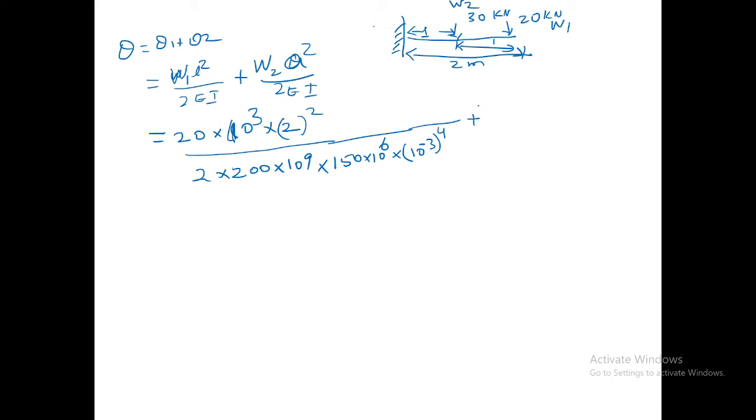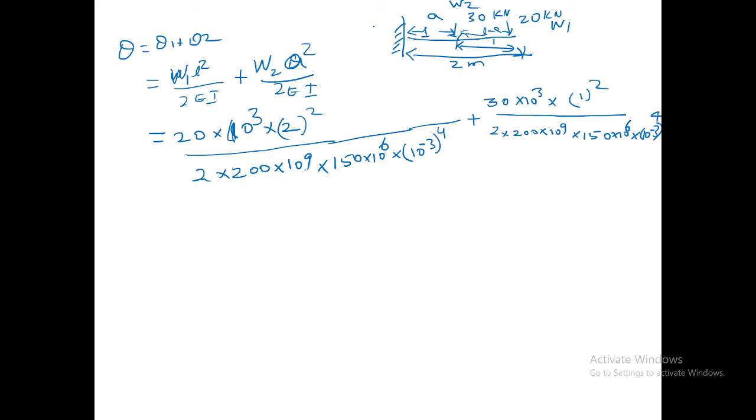Next is 30 into 10 power 3, where the distance is A and the remaining is L minus A. 1 square divided by 2 into E is 200 into 10 power 9, I is 150 into 10 power 6 into 10 power minus 3 power 4.